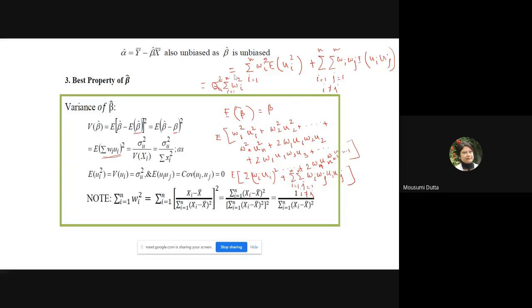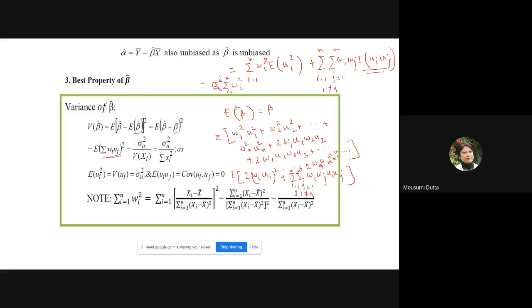Sigma u square, all of you told that this is the homoscedasticity assumption, so it is a constant. We can keep it outside the summation. And this expectation of ui uj, by the assumption of non-autocorrelation, is equal to 0. So the entire second term vanishes. The second term will not be there. So simply I'm getting this to be equal to sigma u square into summation wi square.